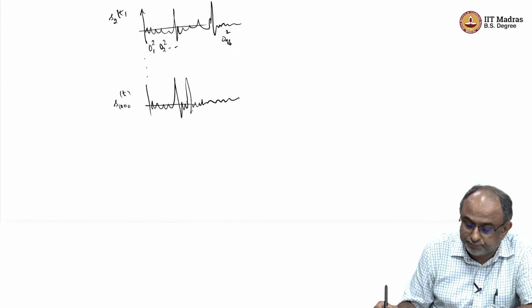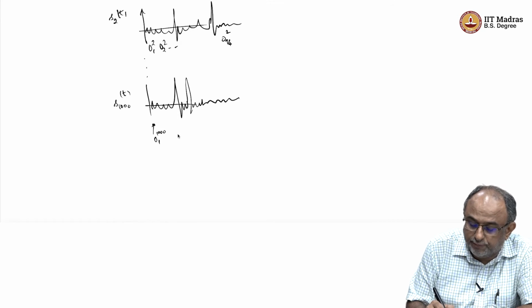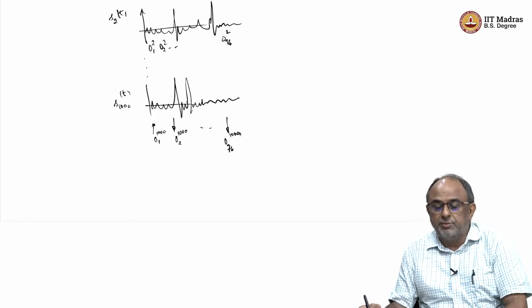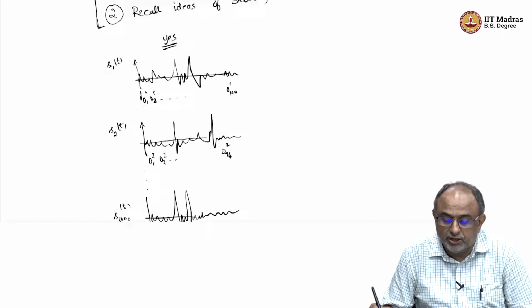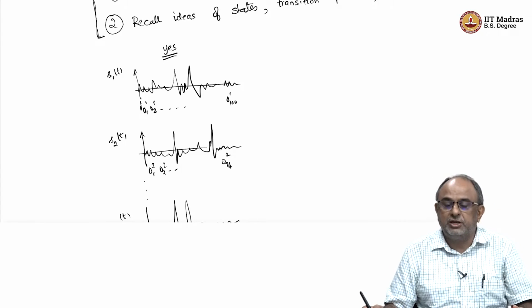Similarly, for the 1000th utterance, I will get O1, O2, and this guy might be only O76. So, some can be longer, some can be shorter. Okay. So, now the problem is boundary information is missing.